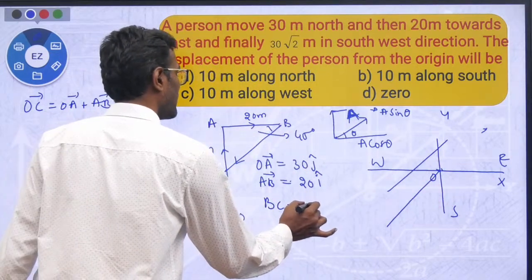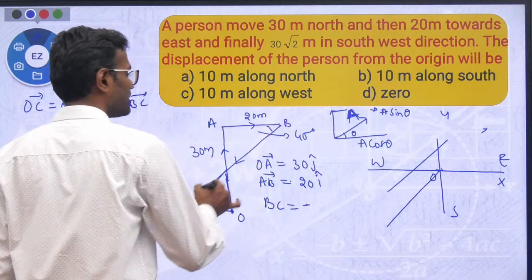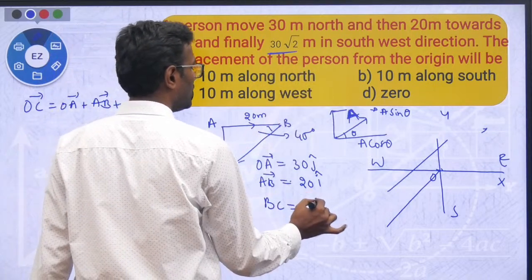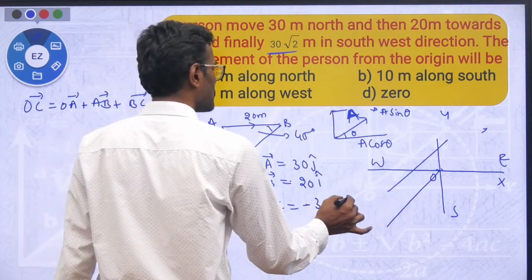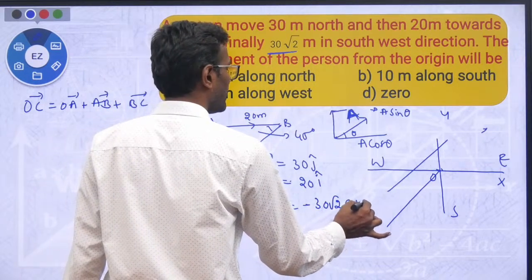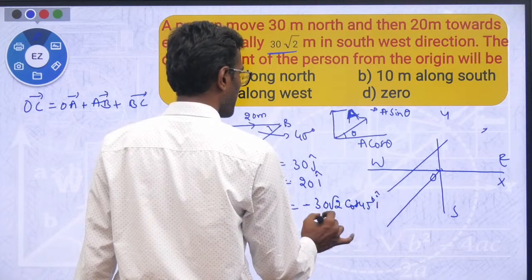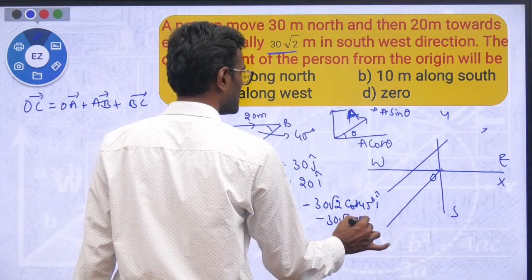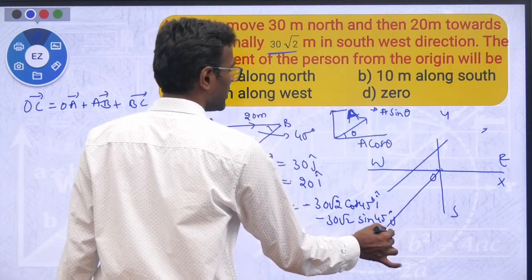So BC bar is equal to minus 30 root 2 cos 45 degrees i cap minus 30 root 2 sin 45 degrees j cap.